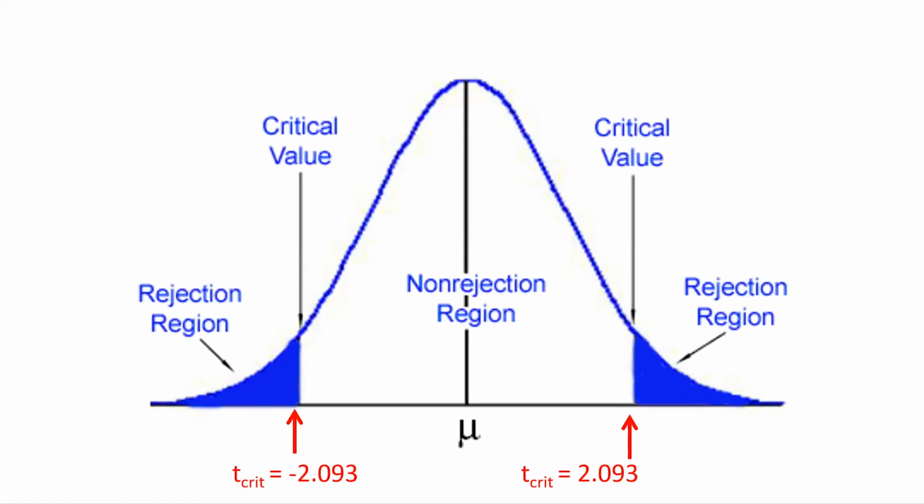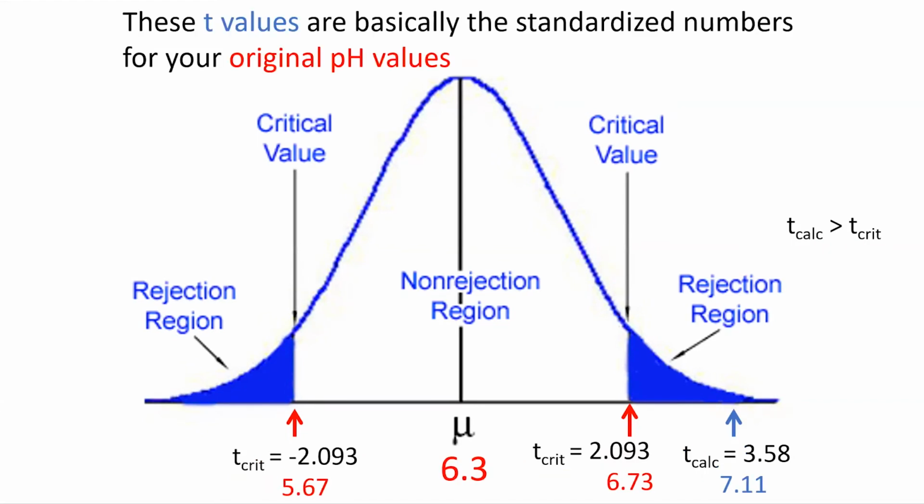So that's a representation of what we have so far. We have our critical values on the negative and positive side, and we have our calculated value, which falls in the rejection region. It is more extreme, it is further from the mean than our critical values. And just remember that these t-values and z-scores are standardized numbers for the original pH values.